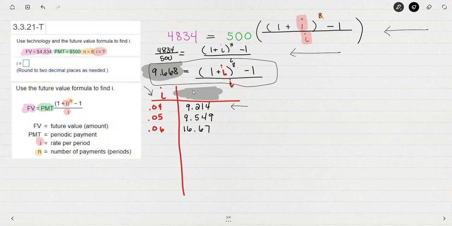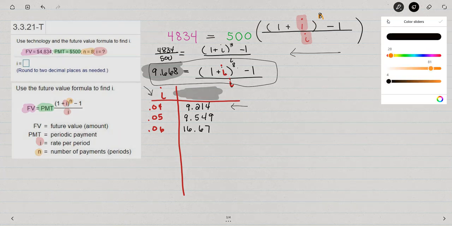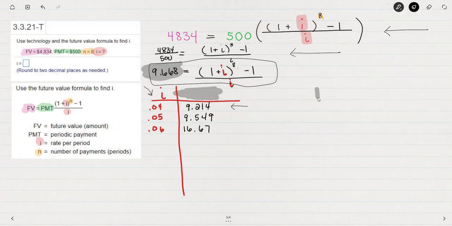Here's how I do that on my calculator, by the way. 1.04, because 1 plus 4/100ths is 1.04. And then I raise that to the 8th power. On your calculator, it might be this caret 8.